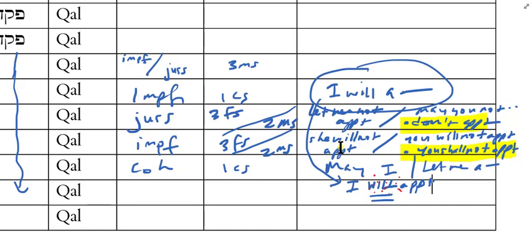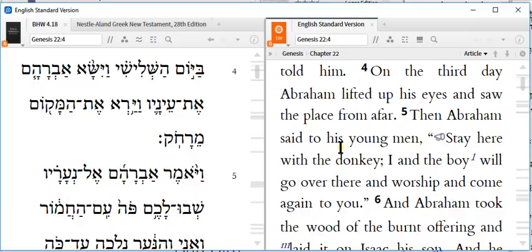Can I just show you one place in the Hebrew Bible where there is a form that looks jussive? Not everybody agrees that it's jussive, but if it is jussive, it's really interesting. Let me pull it up. Okay, so in Genesis 22, God has called Abraham to sacrifice Isaac, his son.